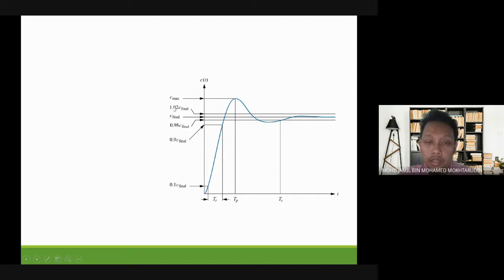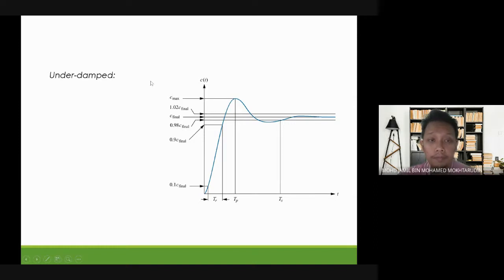The other things like 1.02 C final and 0.98 C final are 2% difference from the C final. We also have 0.9 C final and 0.1 C final. The most important thing that you need to know is where is the C max and also the C final.